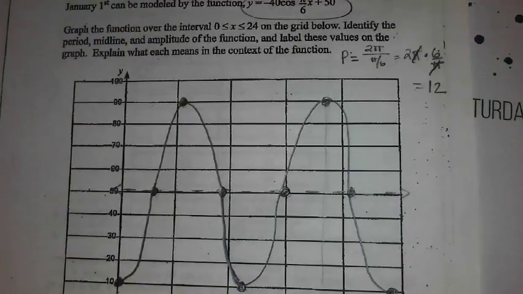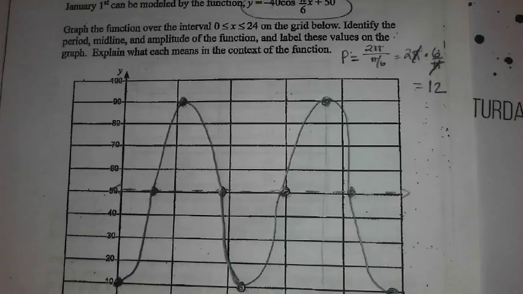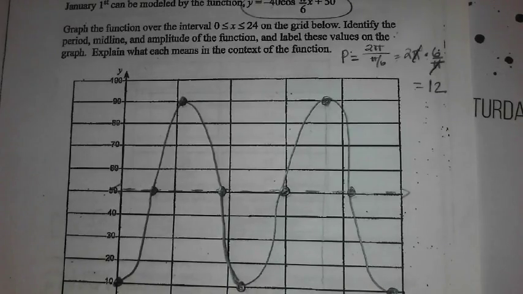So in the context, there is an explanation, like a problem we did the other day. Jordan, give it a whirl. What does the period equaling 12 mean in the context of the problem?